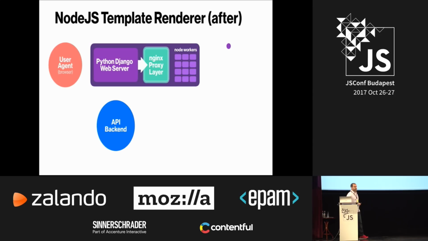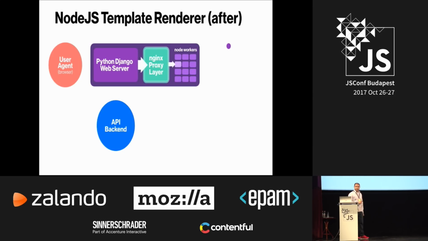After that, we're sending a request over the network to our Node.js server in order to render our non-JS template. Here is where it becomes different: we start rendering with the Node.js server over the network, and thus we were able to enable JavaScript rendering on the server side.